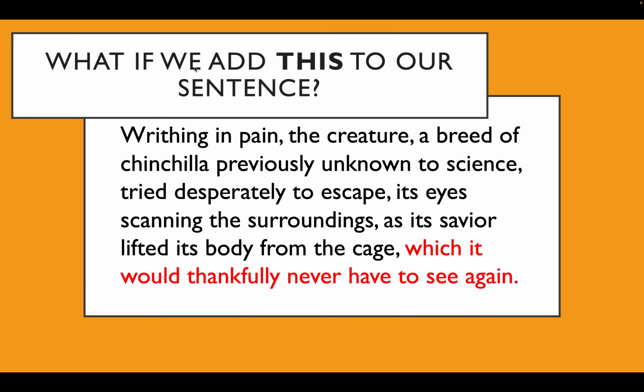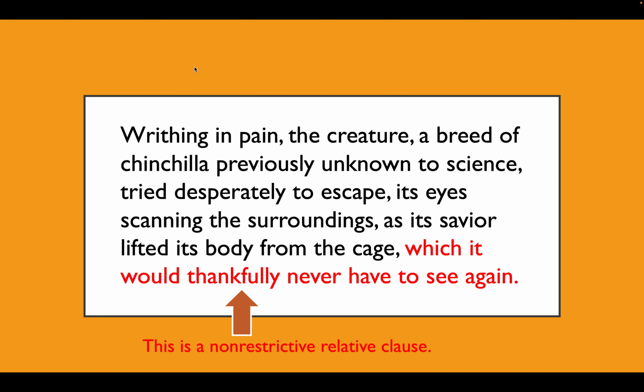Here we've got an additional clause that we've added in, which it would thankfully never have to see again. So its savior lifted its body from the cage, which it would thankfully never have to see again. Okay, what's this now? So I'm adding in another clause onto the sentence, and this is called a non-restrictive relative clause.